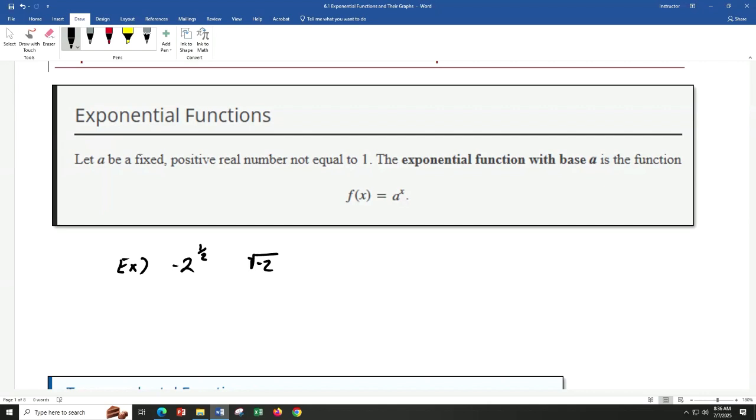Well, what is anything when it has a 0 for an exponent? Think about it. It's always a 1. Anything raised to the 0th power is 1.